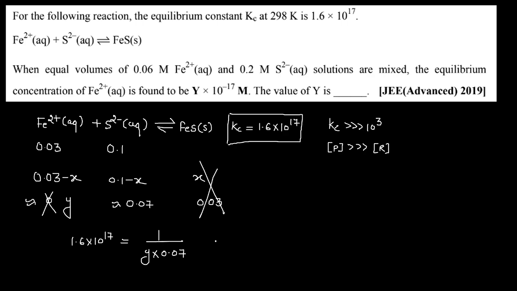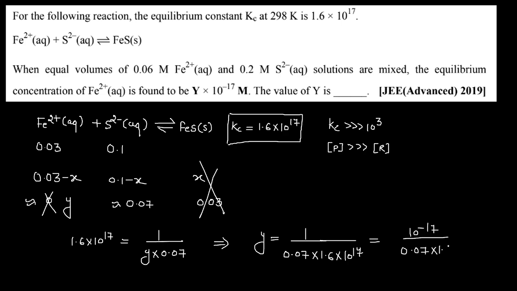So from here, if I solve it, Y comes out to be 1 upon 0.07 into 1.6 into 10 raised to the power 17, which can be written as 10 raised to the power minus 17 upon 0.07 into 1.6. When you solve it, you will get the answer 8.928 into 10 raised to the power minus 17.